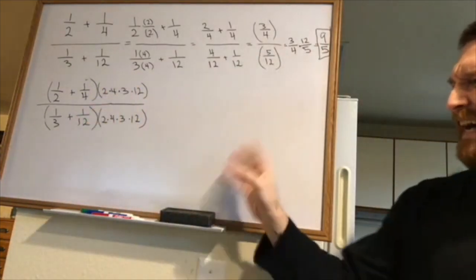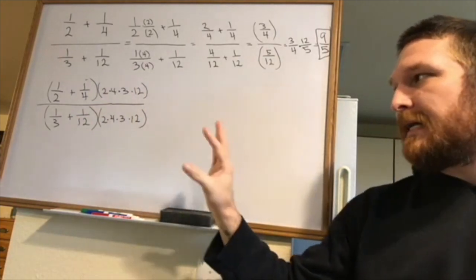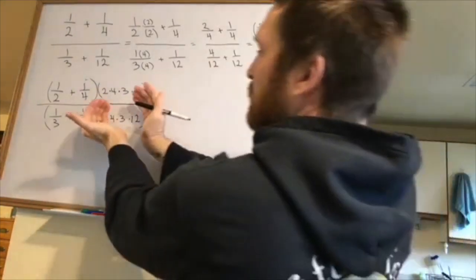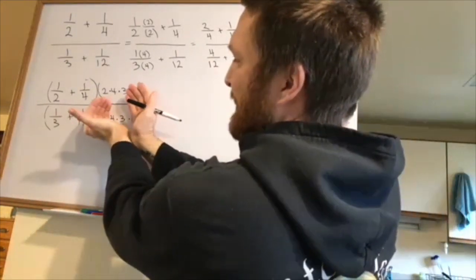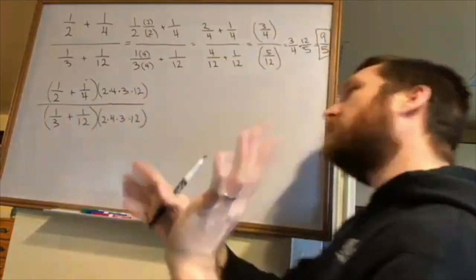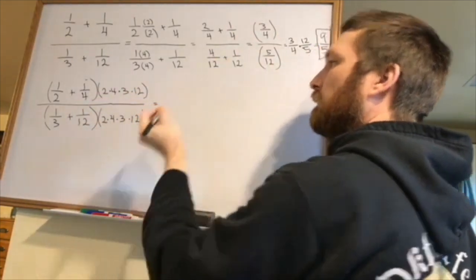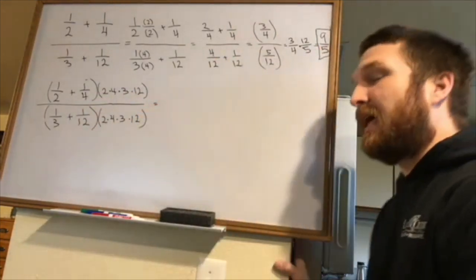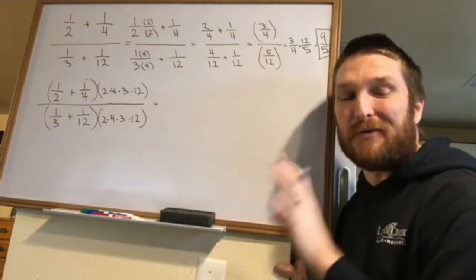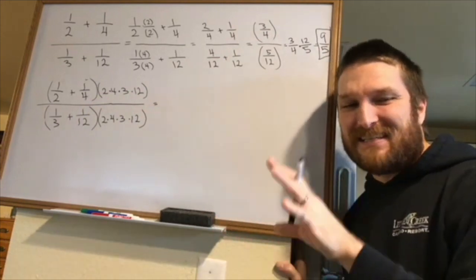We could do this, and this would work. The thing is, it's kind of overkill, right? You could kind of see what's happening, and you might have noticed you'd already written 4 times 3 right there. That 4 times 3 is 12, and that thing would kill this. But we'll get there in just a second. Now, if I did this, which again, I hope you're not writing any of this down because this is not exactly what we're doing. It's very close to what we're doing. It's more to the point, but this is overkill.